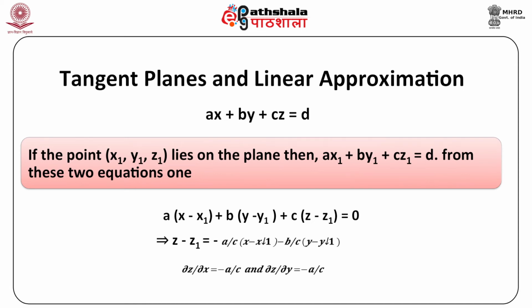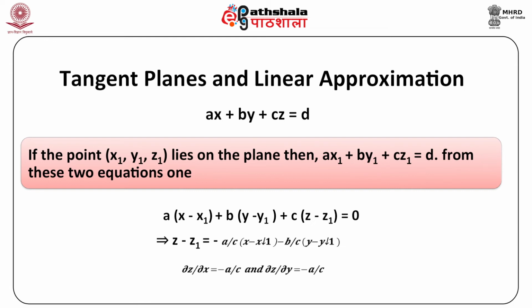The general equation of a plane is a linear equation in three variables with three independent parameters: ax plus by plus cz is equal to d. If the point (x1, y1, z1) lies on the plane, then ax1 plus by1 plus cz1 is equal to d.